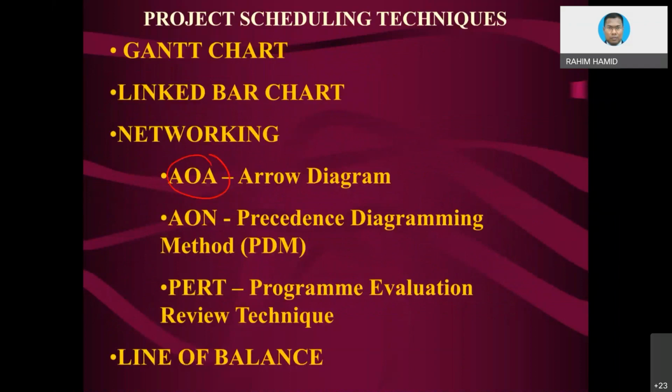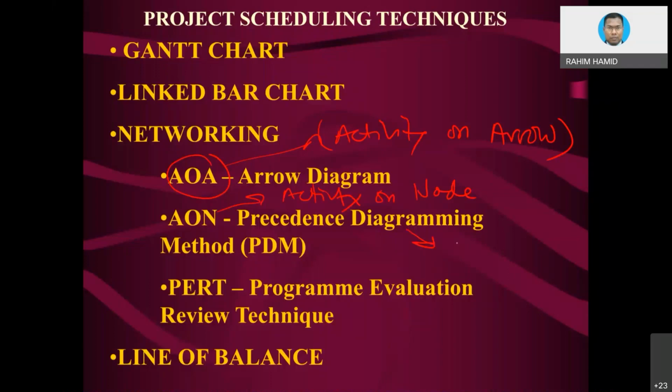AOA stands for activity on arrow, whereas AON stands for activity on node. Later on, subsequently, it is better known as a PDM diagram, which is being used in MS Project and Primavera that I mentioned before. So a lot of current software basically use this kind of diagram.